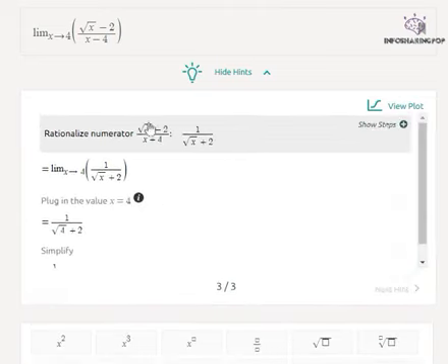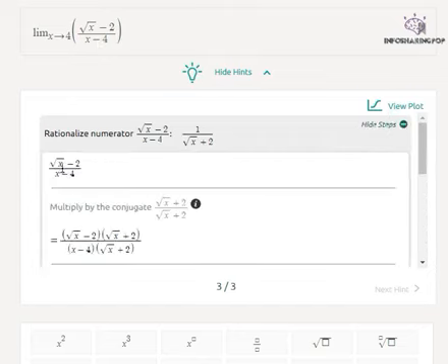Now, this first example, as we can see, if you directly substitute the value, you're going to get 0 over 0. So what we're going to do is multiply this function with its conjugate. Now, as we know, behind here, actually there's a 1. This function is multiplied with 1.